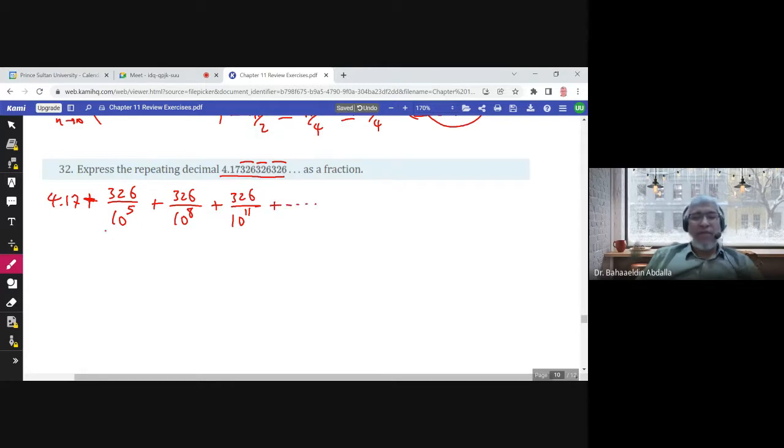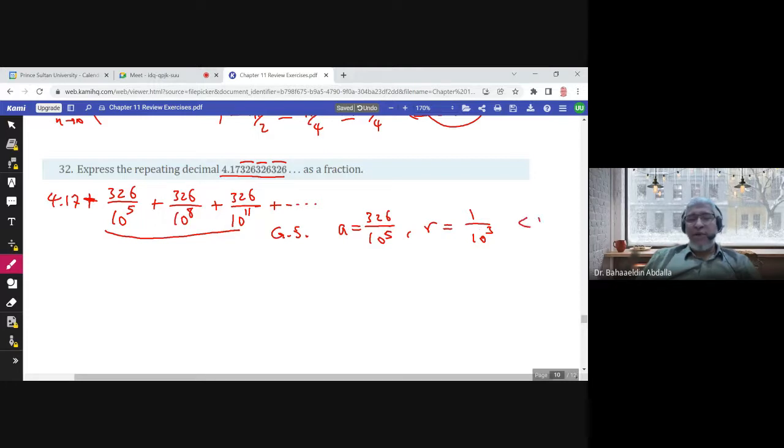So this is in fact a geometric series with A, the first term, equal to 326 over 10 to the power 5. And R, if I divide any term by the previous term, I'll get what? Or you can think, you multiply by what? So I'm actually multiplying by 1 over 10 to the power 3. This is R.